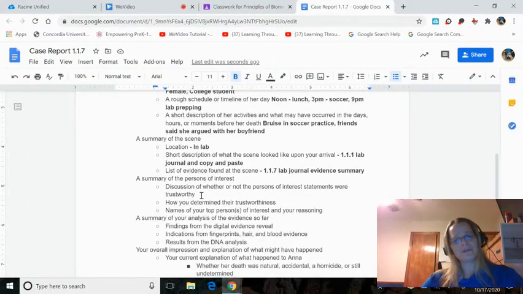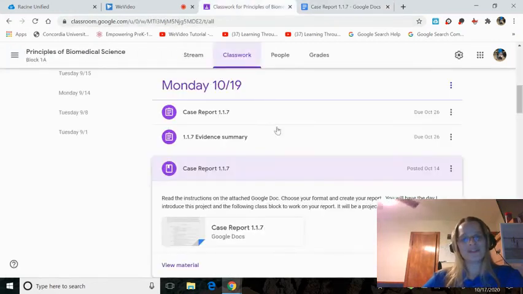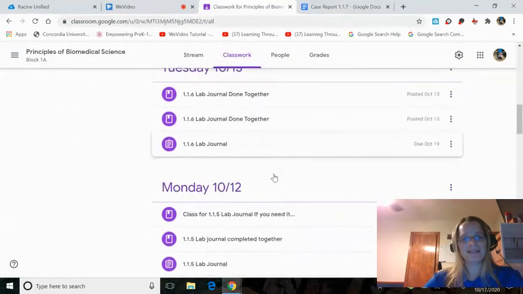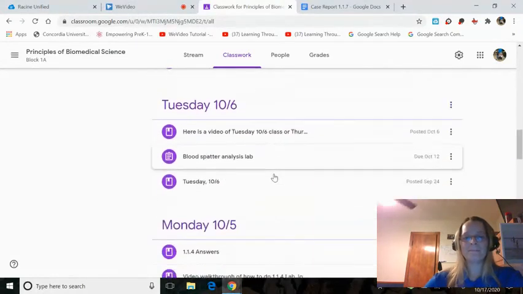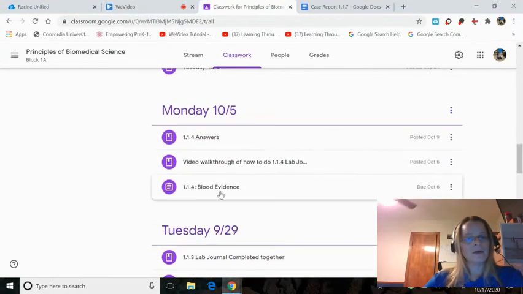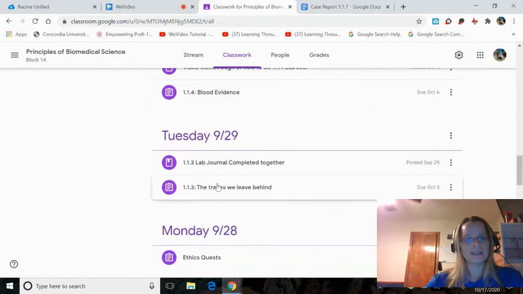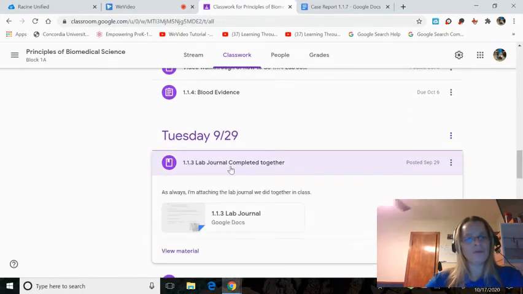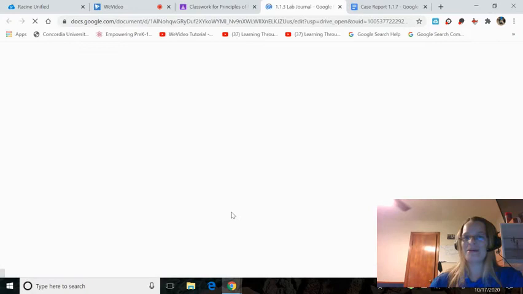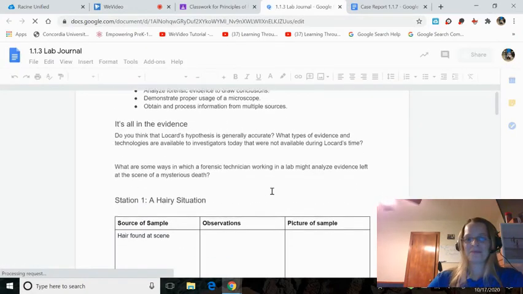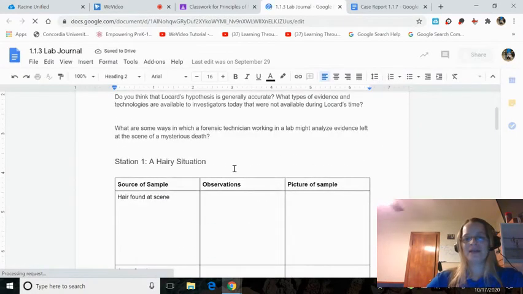So the persons of interest. This is where we look at, I'll show you here. Remember we did this, it was the polygraph thing. And it was, let's see, 1.1.3 again. We keep coming back to that, don't we? So we did the hair.